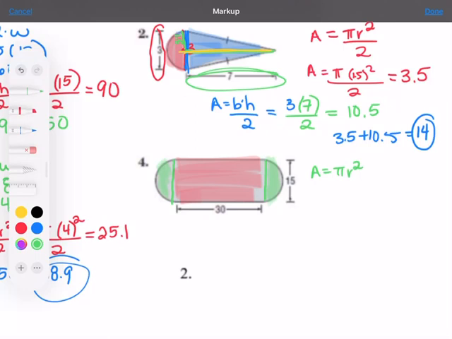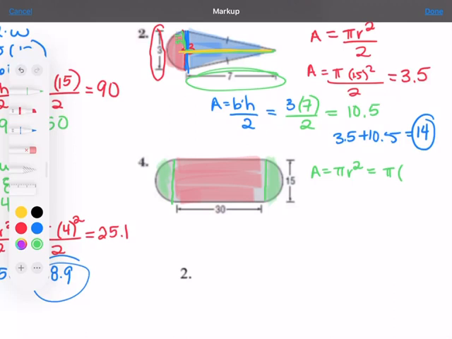You know, if you wanted to do one semicircle at a time, you could find one and then find the other and then add them together. I think it's easier. They make a whole circle. Just do it as if they were together making a circle. Okay? So area is equal to pi r squared. Area is equal to pi times our radius.